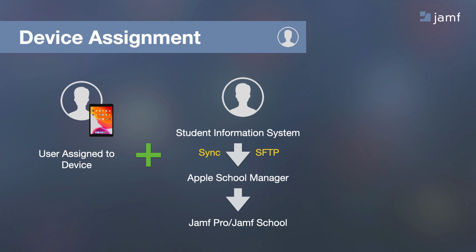There are also tools out there and companies that can help you automate that process, like Salamander Soft and Claris Connect. Once you have that information in ASM, that syncs with your Jamf School or your Jamf Pro instance, pulling in those classes, those users, the rosters, all of the information needed to build that out.